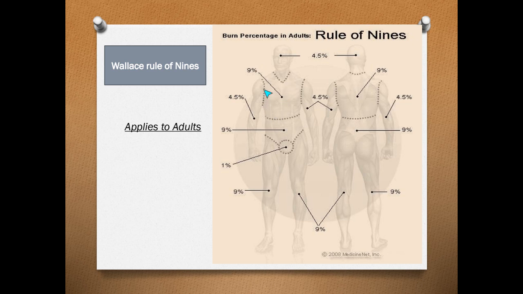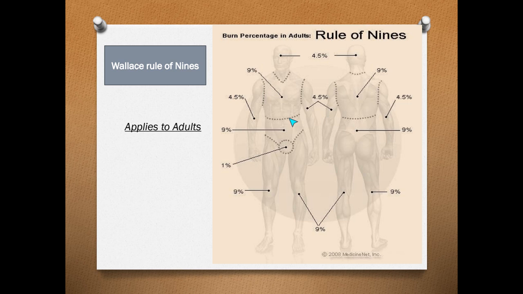For example, if this patient has a burn affecting the whole chest, which constitutes about 9%, and also the whole abdomen, which constitutes also 9%, it means that he has a total body surface area affected by burn of about 18%.